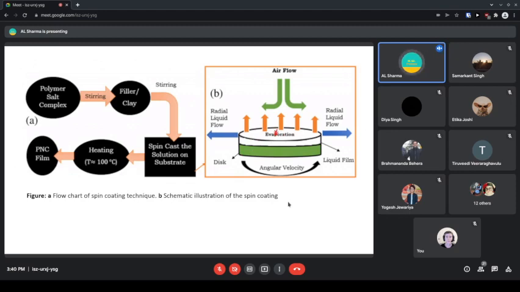Actually here a dish is there, and once you put your materials on it, because it is rotating, the rotation offers a centrifugal force, and because of the centrifugal force the materials are going to be spread over the whole disc, where on the disc you have the substrate. Over the substrate it is going to be formed uniformly.